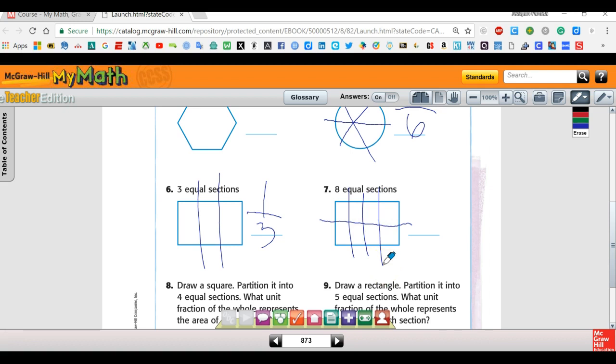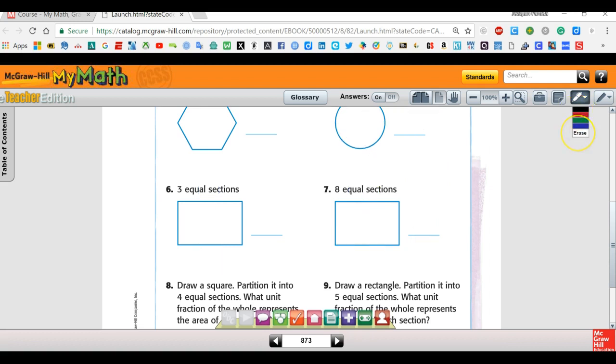That's 1/8. Or I could do it this way. I think this would work, because then all these would be equal that way. So 1A.